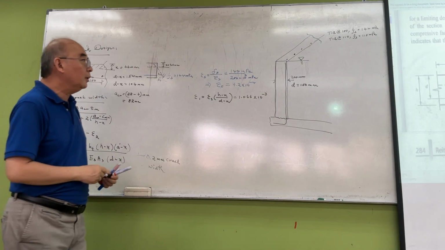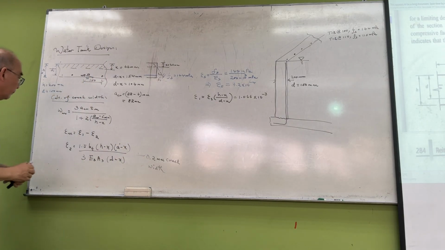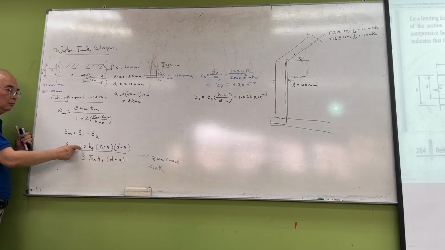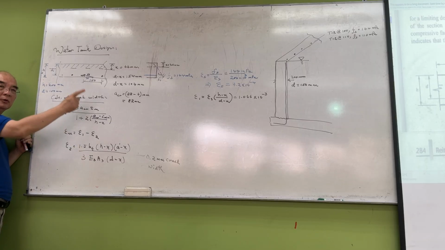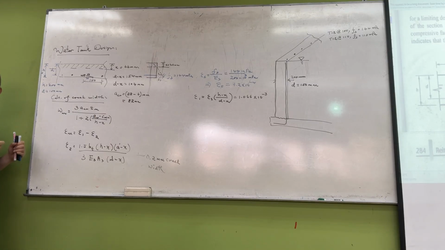For 0.1 millimeter crack width, instead of 1.5, it will be 1.0. I think if you look at the book. Okay. All right.